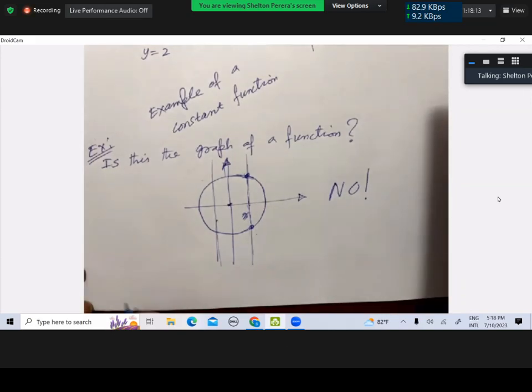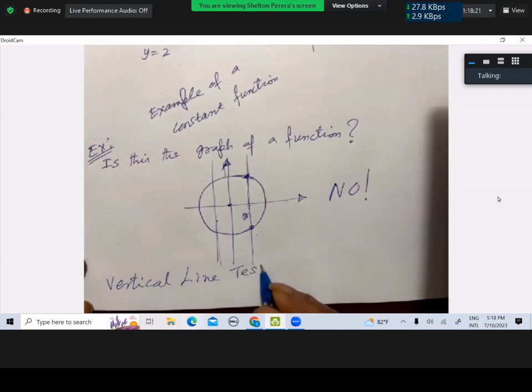We can use the so-called vertical line test. Meaning, the graph of a function cannot be met by a vertical line more than once.